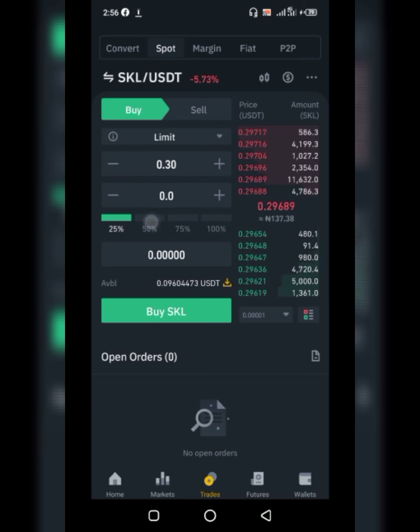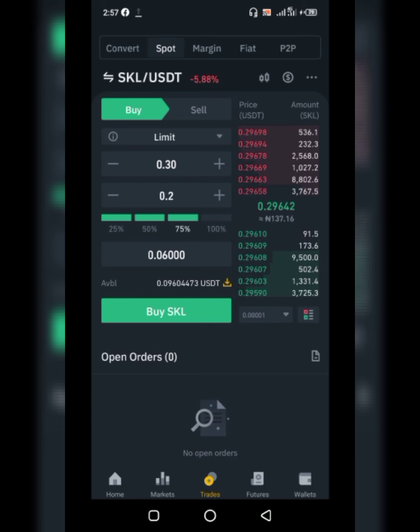If you select 50%, you are simply telling this app that it should use 50% of your trading fee, which is in USDT value, which simply means you are making use of half of your trading fee to proceed on this trade.